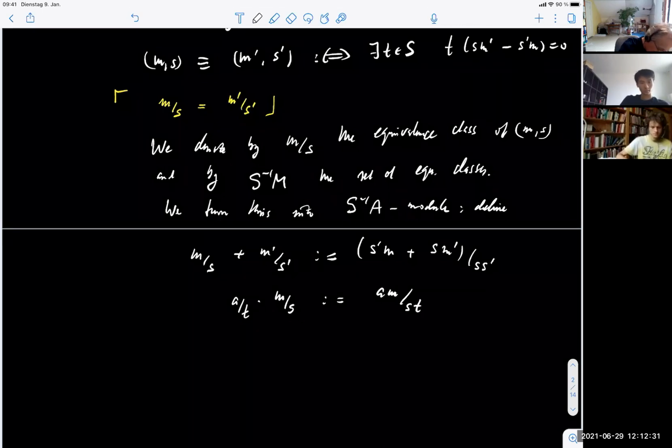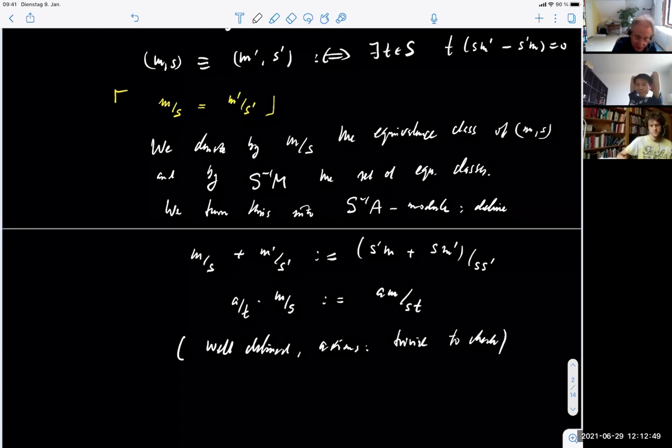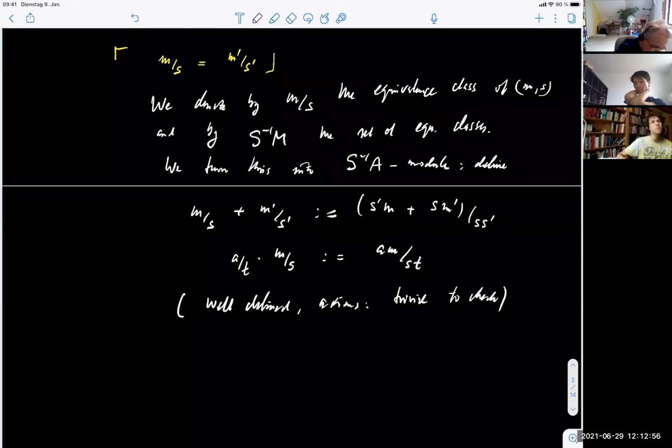One has to check that it is well defined, but I will not check it for you because it's very boring and trivial. And the axioms are all trivial to check, basically the same as we did for the ring. So after having done this, we have a module.